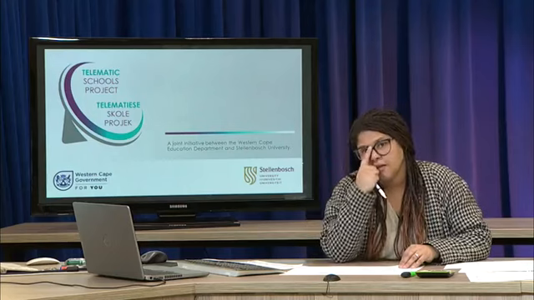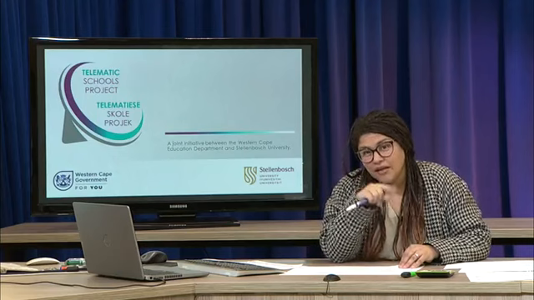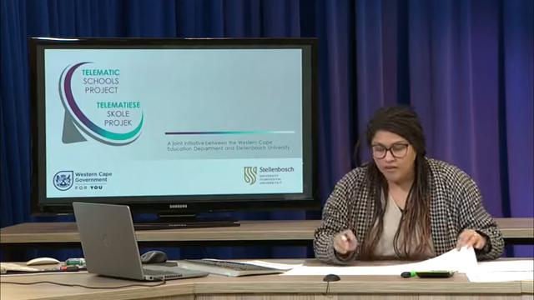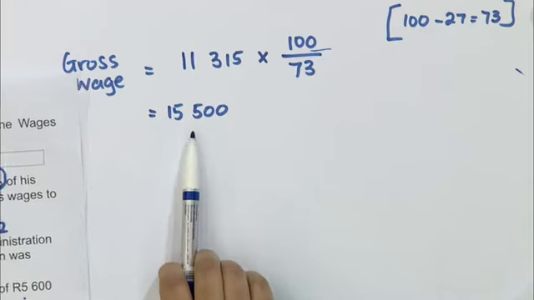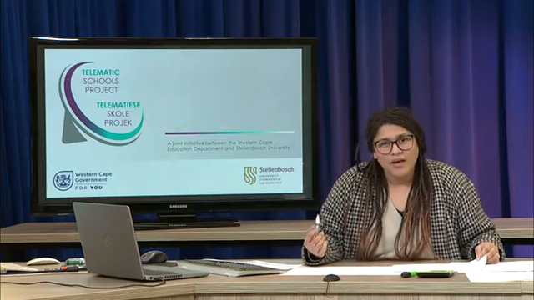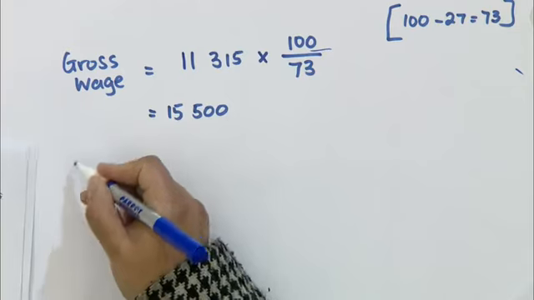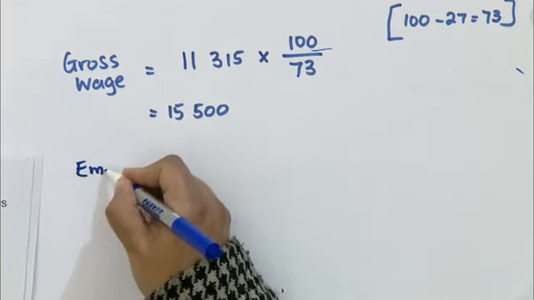Now, there's two ways to look at it. We can either individually calculate 11% of the gross wage, and then again 1% of the gross wage.